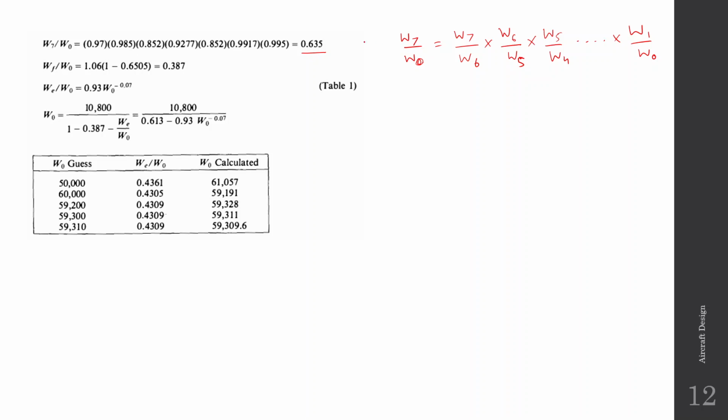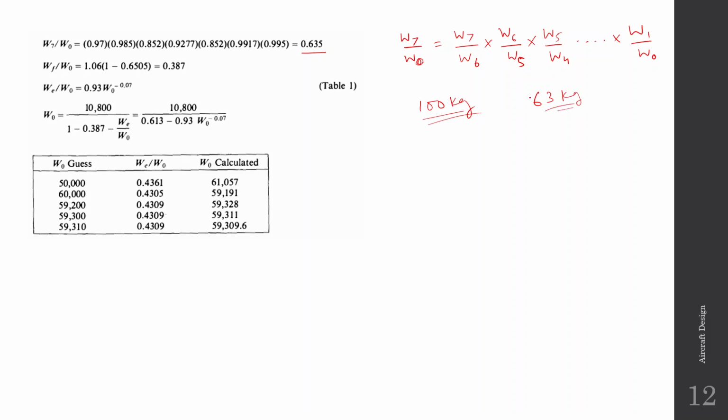So you can see that your aircraft will weigh approximately 60% of its takeoff weight when it is landing. Just to give you an idea, if your takeoff weight is 100 kg, your landing weight will be 63 kg.